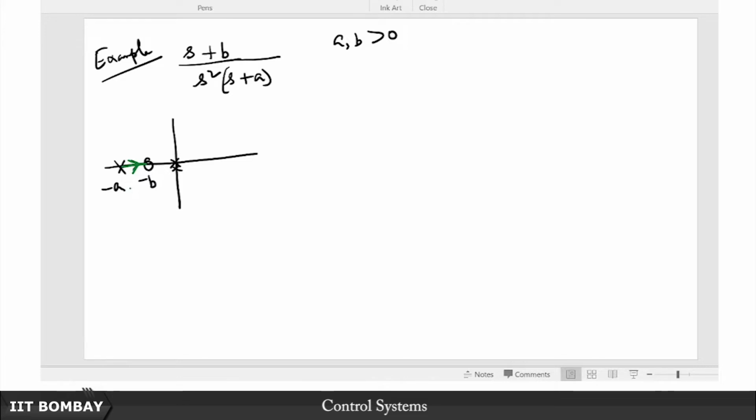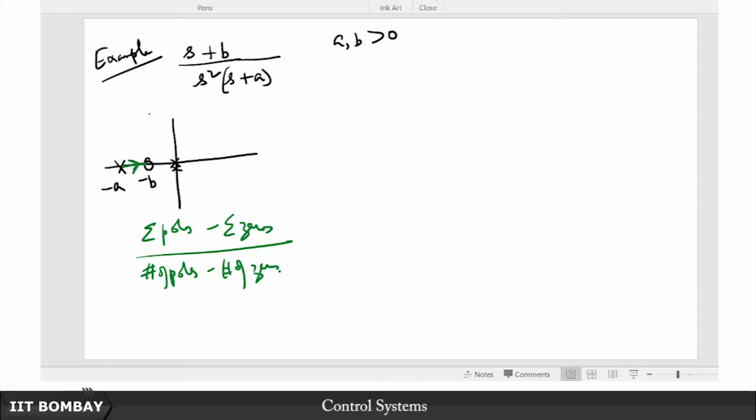And that is critical. You see, the location of the centroid is given by summation of the poles minus the summation of the zeros divided by number of poles minus number of zeros, right. Now notice one thing carefully here. Of course the number of poles minus the number of zeros is going to be 2 here.